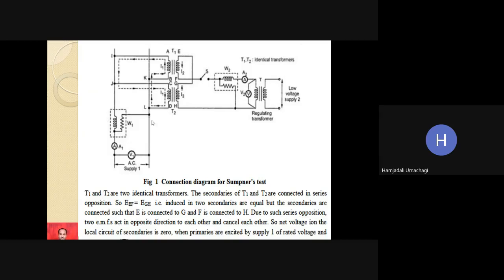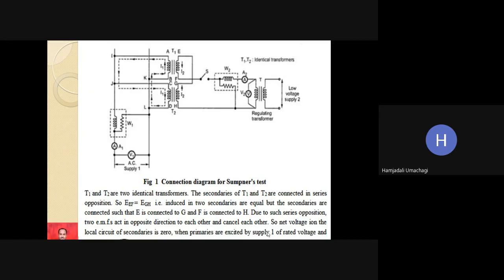So first, keeping the switch S open, apply rated voltage after doing all the connections, with the secondaries in series opposition. Now apply voltage on the primary side, that is, the primaries of T1 and T2 which are connected in parallel. Apply the rated voltage.